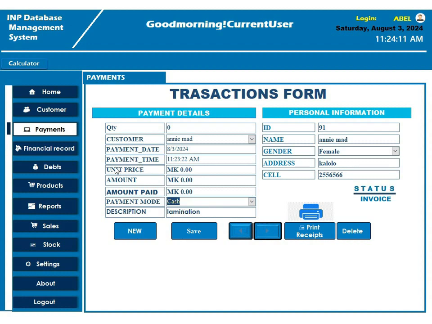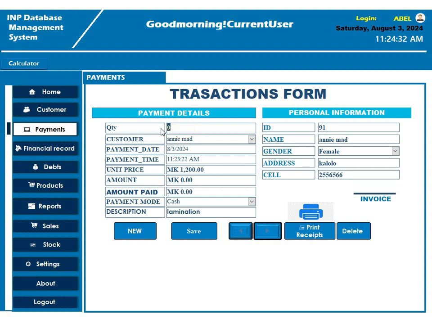and you go for unit price. How much per document you laminated? That's 1,200. Now how many documents?